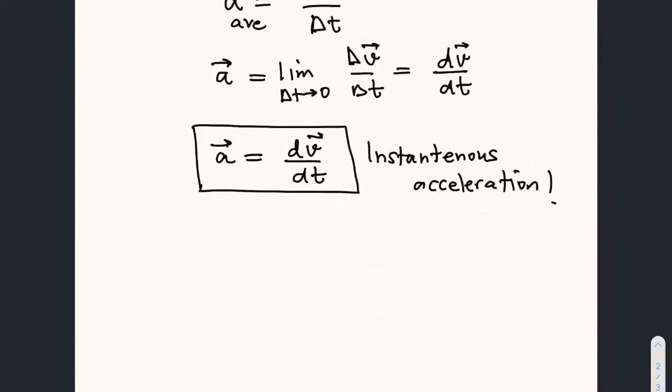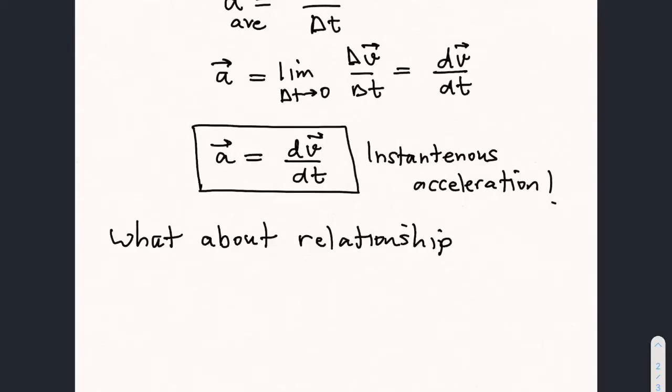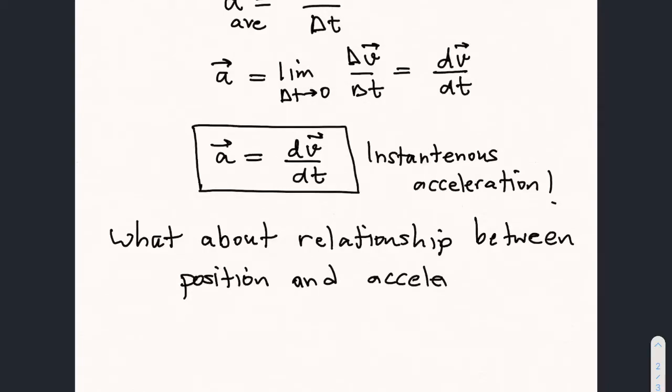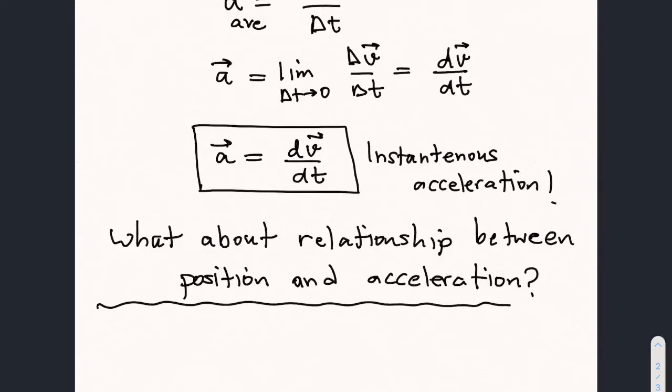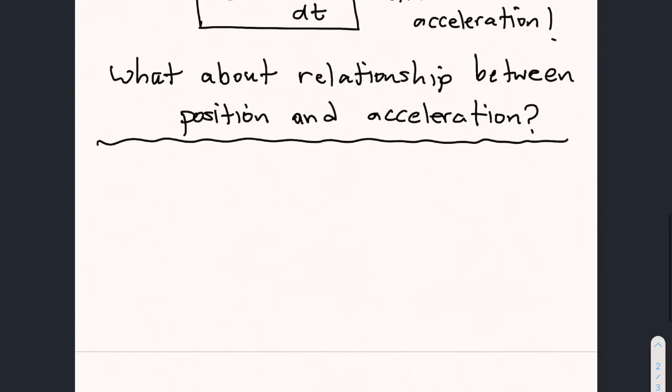So my question is this: what about the relationship between position and acceleration? In order to develop this relation, I can eliminate the time from the two relations I already wrote.